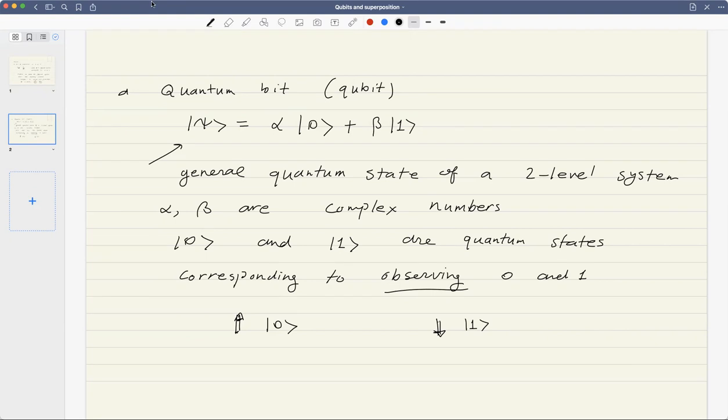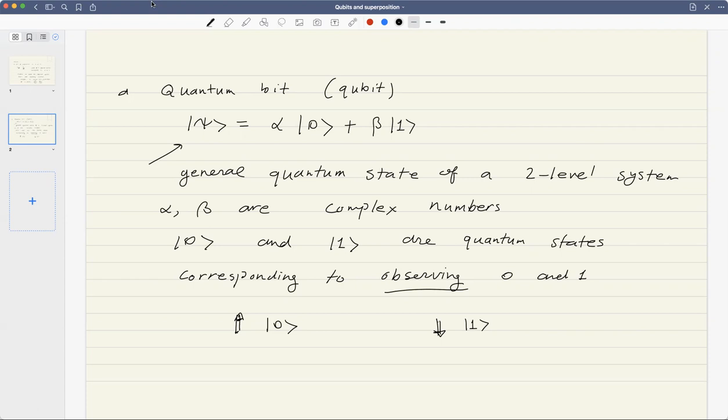So Schrödinger, one of the pioneers of quantum mechanics, came up with this paradox of a cat that's in a box. You can't see the cat, and the cat can be dead or alive. And what does it mean that the cat's in a superposition?